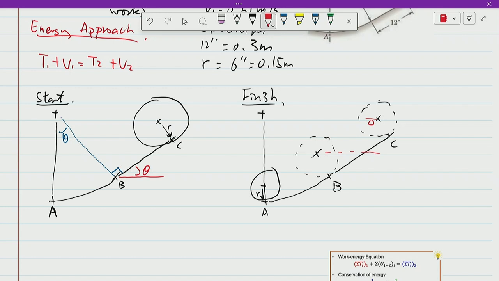First of all, we're going to call it our delta H1. And then from B to C, that's going to be our delta H2. Now, delta H1 is actually pretty straightforward to calculate. We have theta, and this height is actually also delta H1.